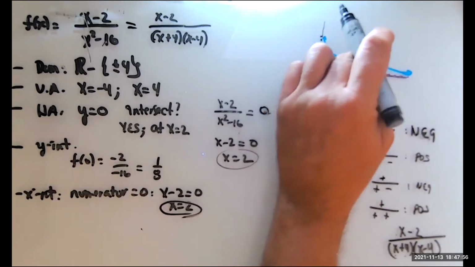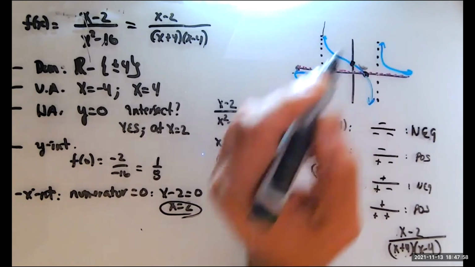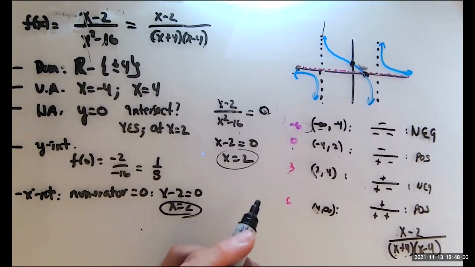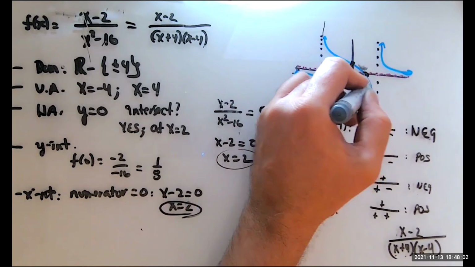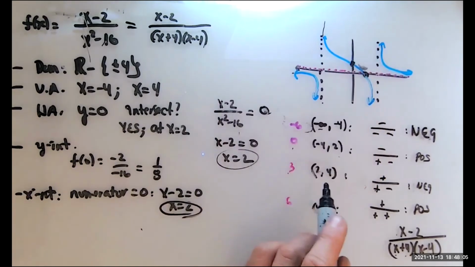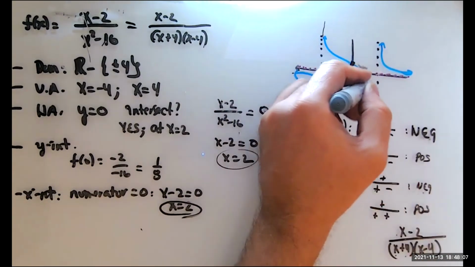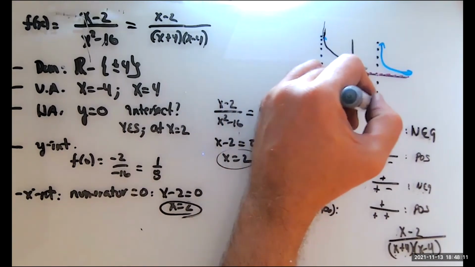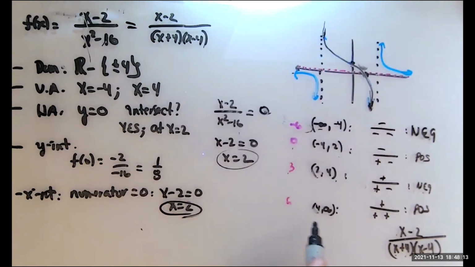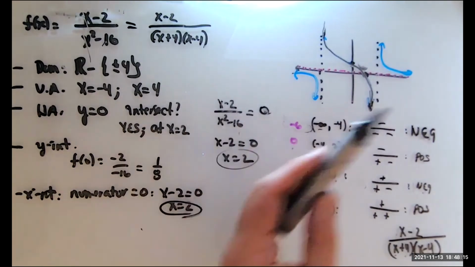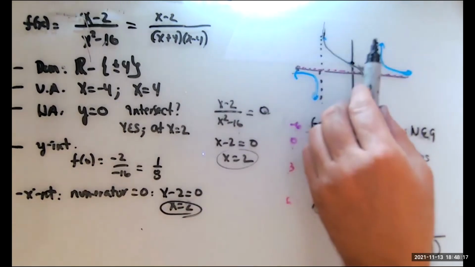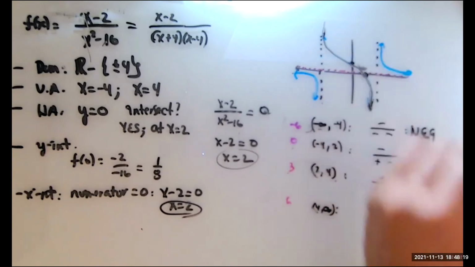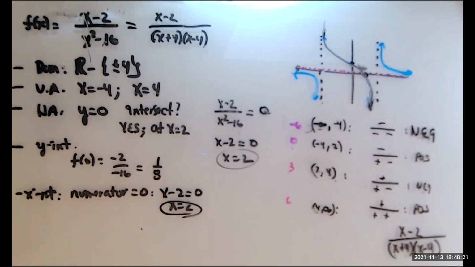So intersection and then stop here for now. From 2 to 4, we continue negative, so we continue going down. That's my graph in the middle. The last one is positive, between the horizontal and vertical asymptote, we have no choice but to graph it there. So that will be your graph.